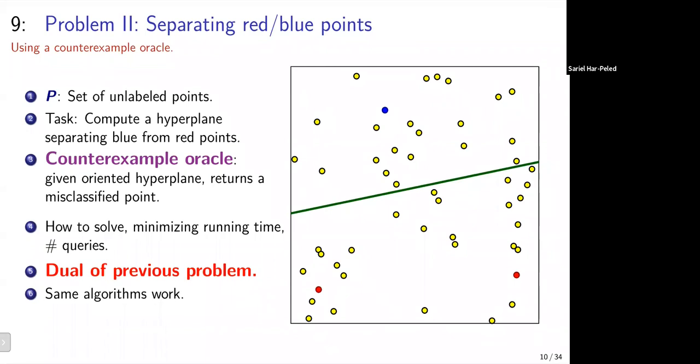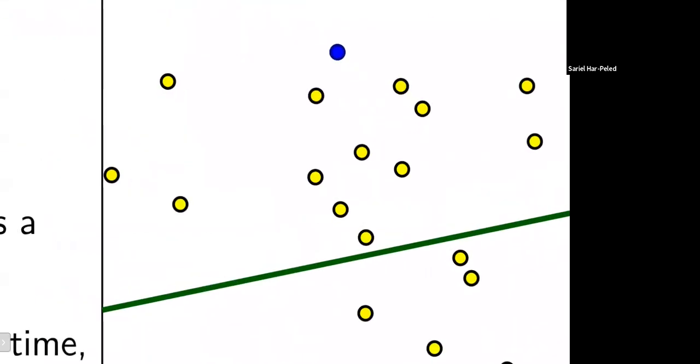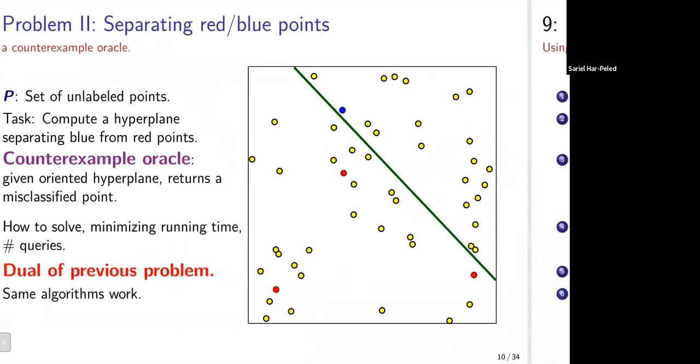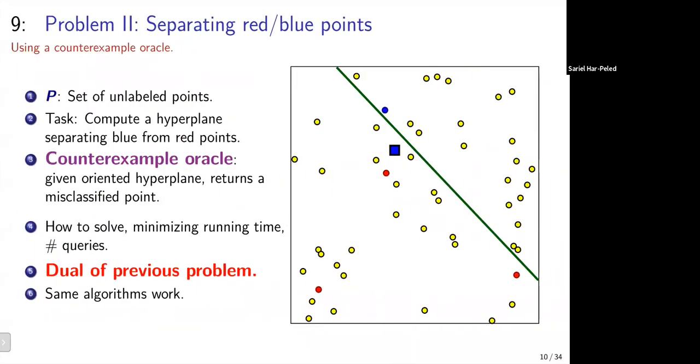And if it is, then we are done. The oracle would say you're done, but otherwise we will get a point that is mislabeled, right? So in this case, the oracle might return us this point to say, no, this point is red and it's on the wrong side. Then we might ask this query, and the oracle says, well, no, this is a blue point on the wrong side.